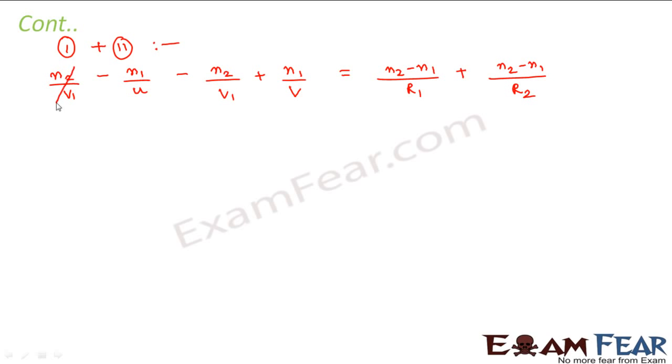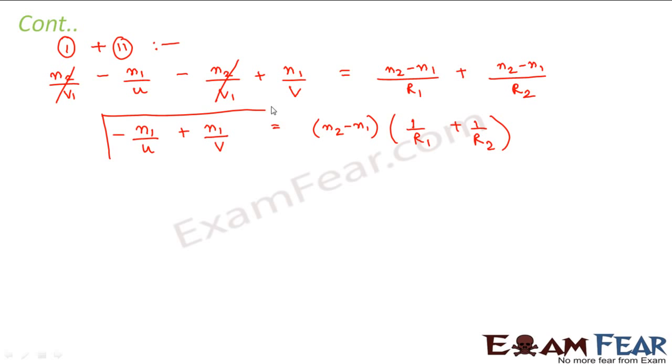So this N2 by V1 minus N2 by V1 will get cancelled. So we get minus N1 by U plus N1 by V is equal to N2 minus N1 into 1 by R1 plus 1 by R2.